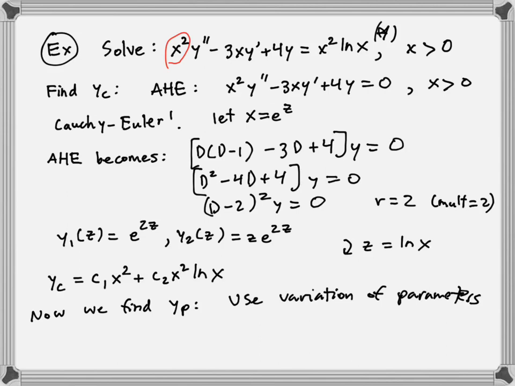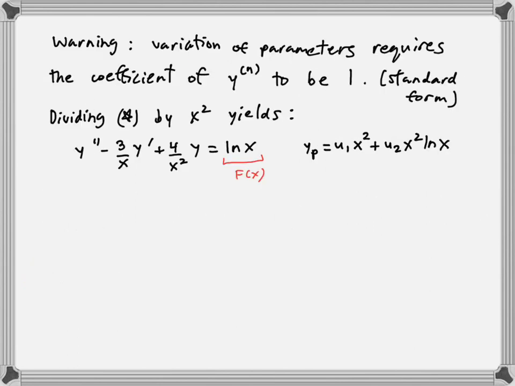Remember, come back, yc is this, and all I'm doing is taking the c1 and the c2 and replacing them with u1 and u2. Again, this is from section 8.7, so everything we do here is section 8.7. In case you are confused, please go back and review that. So the idea is now that we need to find u1 and u2.